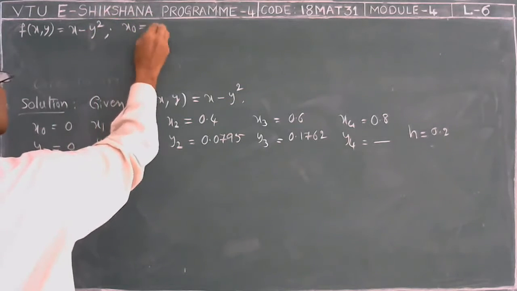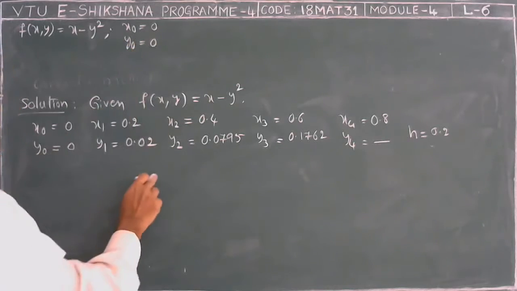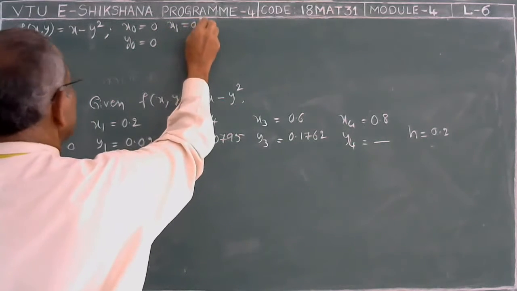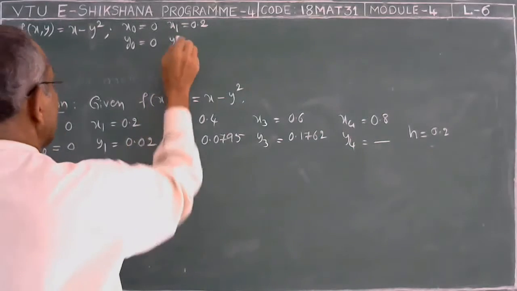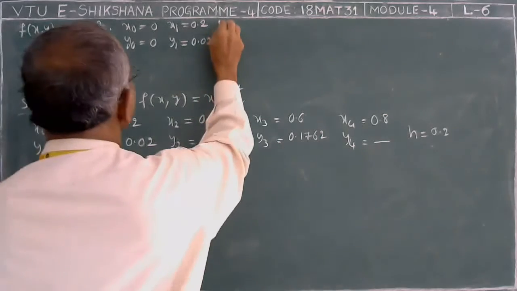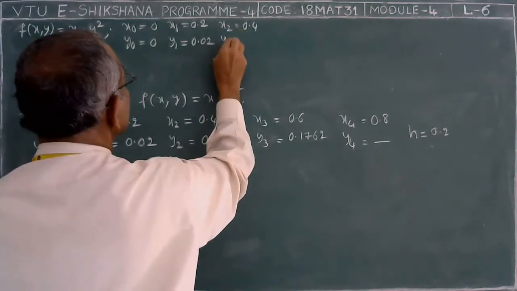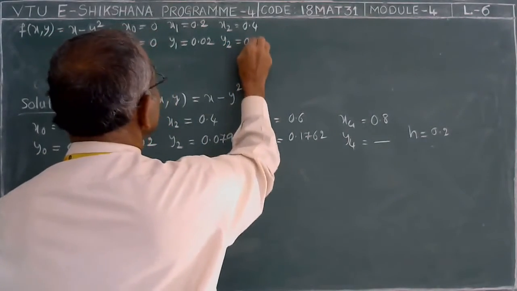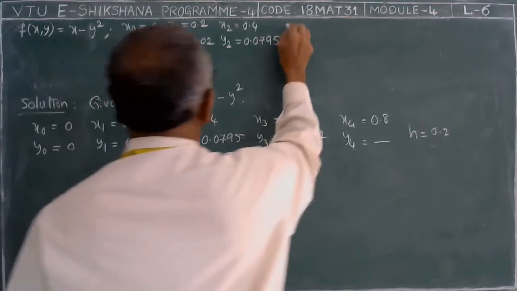Then x0 is 0, corresponding value y0 is also 0 in this case. x1 is 0.2, corresponding value of y, that is y1, is 0.02. Next, x2 is 0.4, corresponding value y2 is 0.0795.